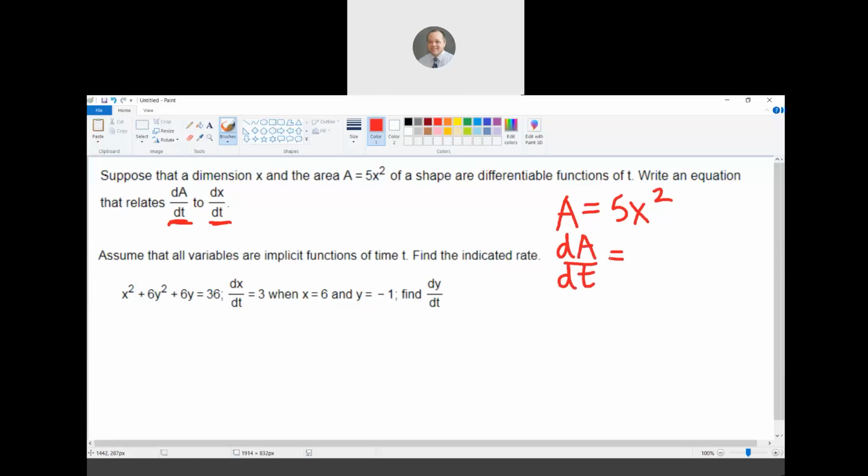The derivative of 5x squared is just 10x, and because we're taking the derivative of x with respect to t, we must include the ratio dx over dt. This first example was just to introduce you to how to take the derivative of a particular formula to get the various rates.